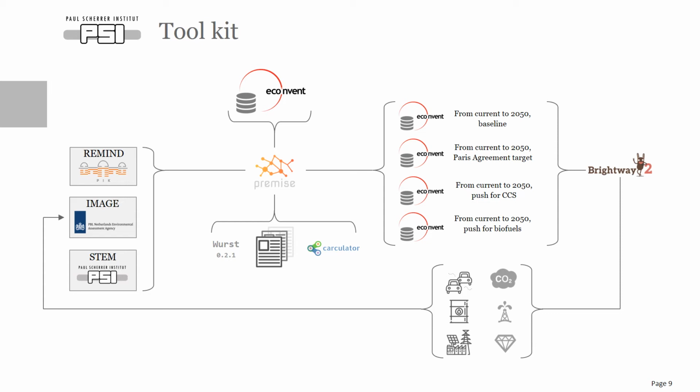fossil resource depletion. What we are working on currently is to try to have this feedback loop in which these environmental impact indicators that we've calculated with Brightway would be somehow considered back into the IAM model. Whether it is during the IAM optimization calculation or whether it is considered afterwards is still a question we need to answer.